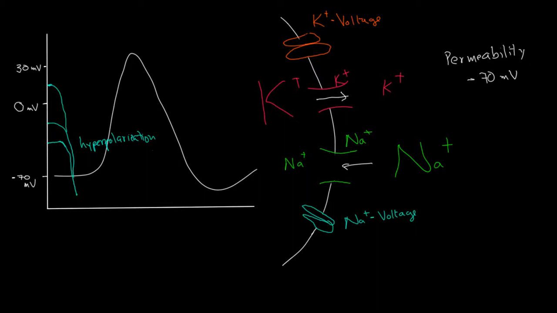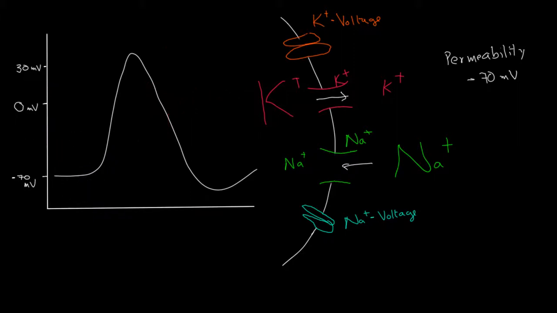Now, the opposite, becoming more positive, starting from a really negative number, or even starting up here, moving up, is called depolarization. These are important concepts because I will be using them freely when talking about the action potential. So understand that hyperpolarization is moving negative. Depolarization is moving positive.